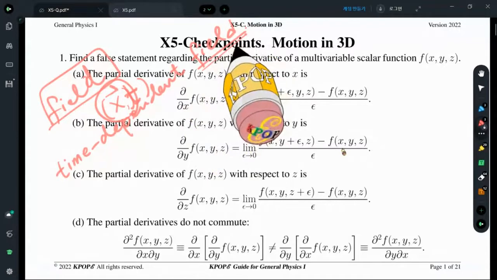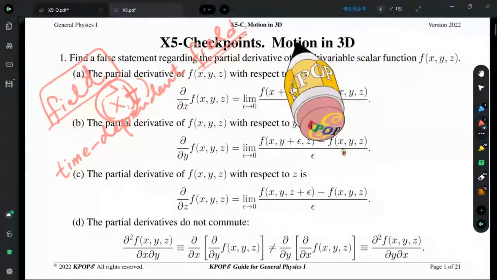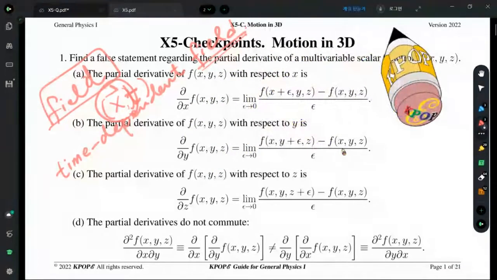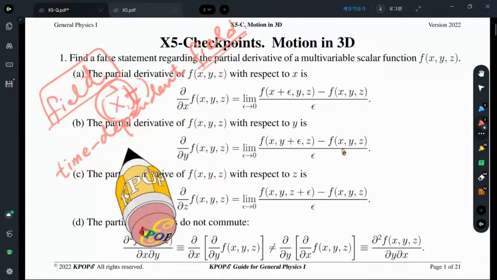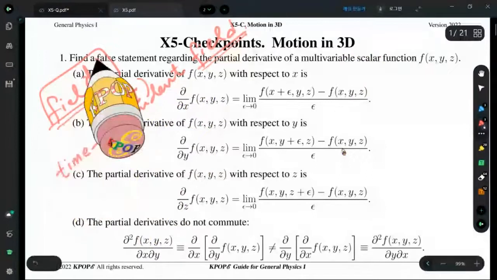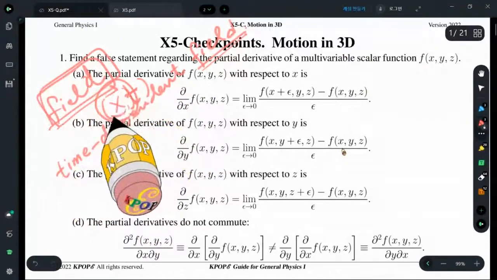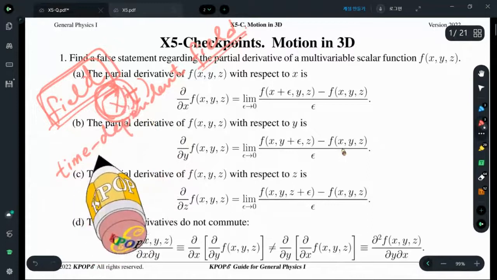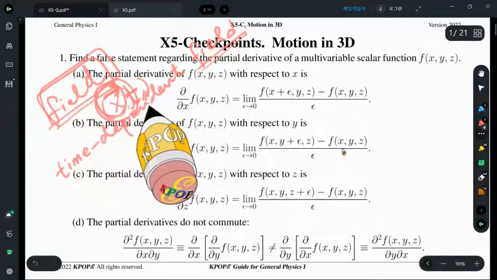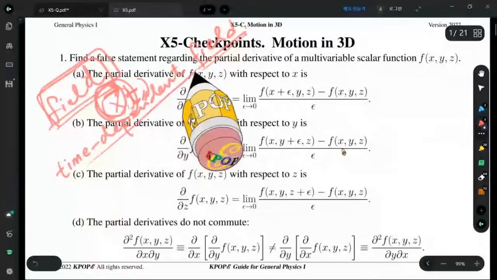The mathematical word field is for algebra, a set of numbers that has some operation, something like addition and multiplication. But in physics, field is a function of a spatial position. And if it also depends on time, it is a time-dependent field.